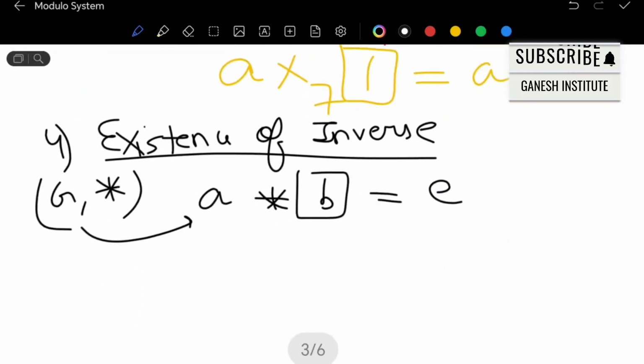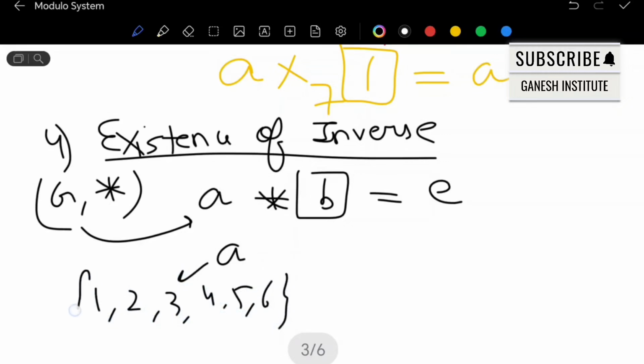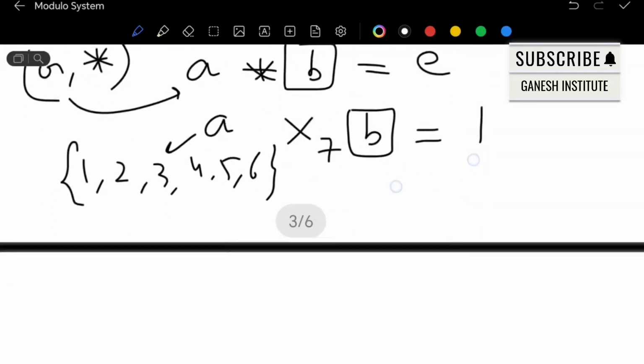So if I take any element from the set 1, 2, 3, 4, 5, 6 and apply multiplication modulo 7, which number is giving me 1 back? Okay, tell me.